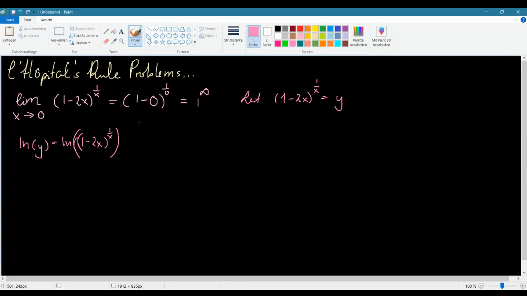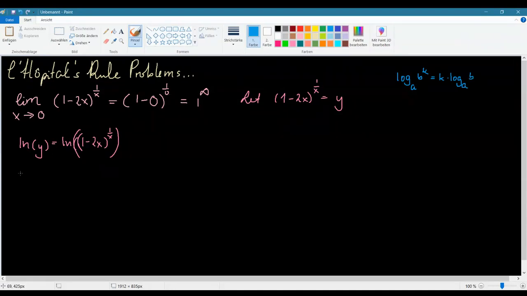So now we're going to take this exponent down, because if you recall, the log base a of b to the k is k times log base a of b, right?